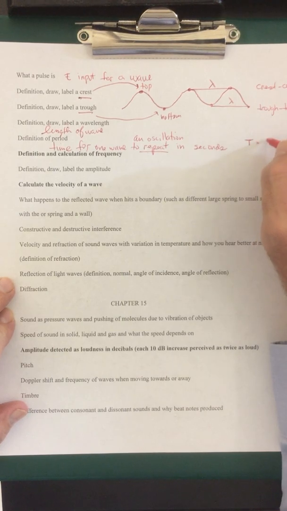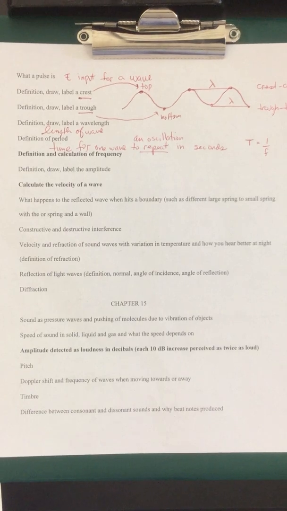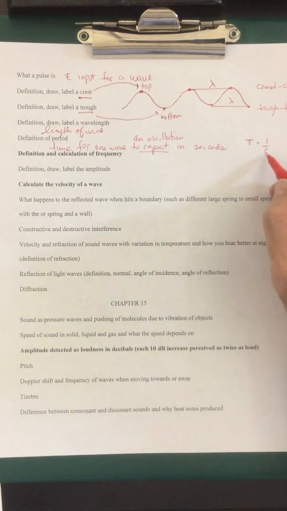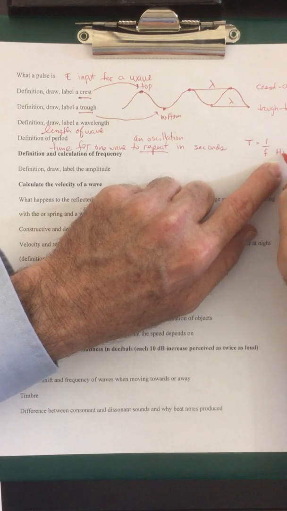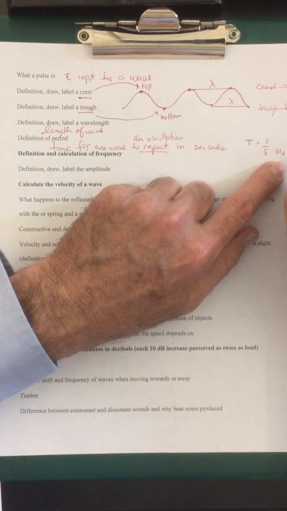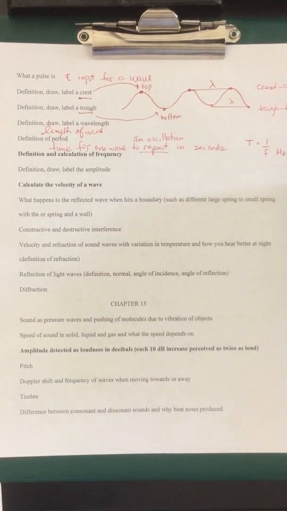And it's also the inverse of the frequency. If you remember, frequency is measured in hertz, and a hertz is actually equal to 1 over seconds. It's the number of waves per second.